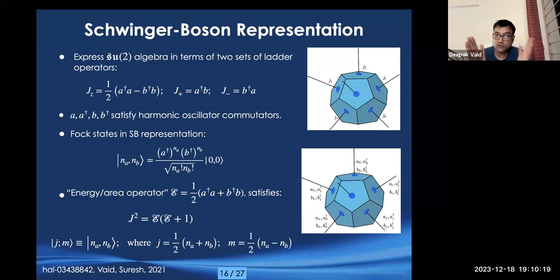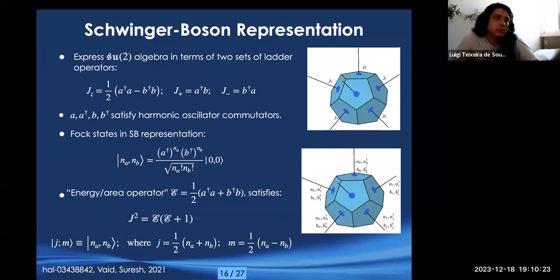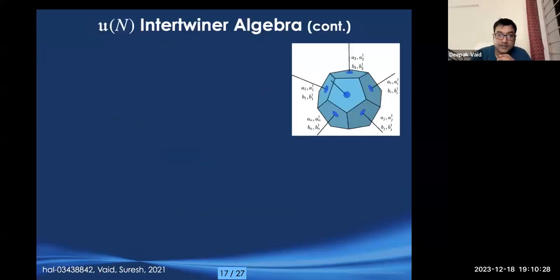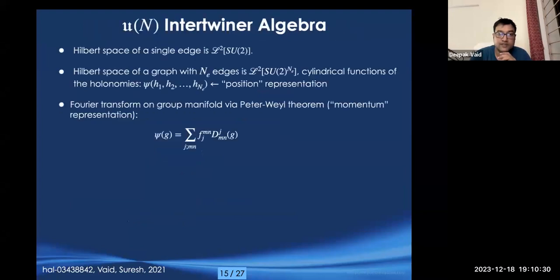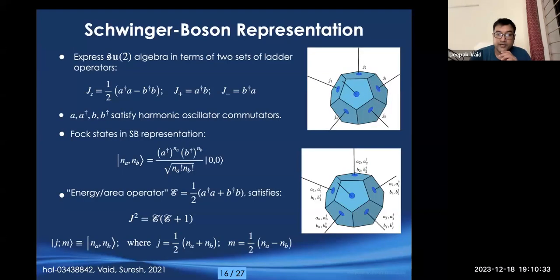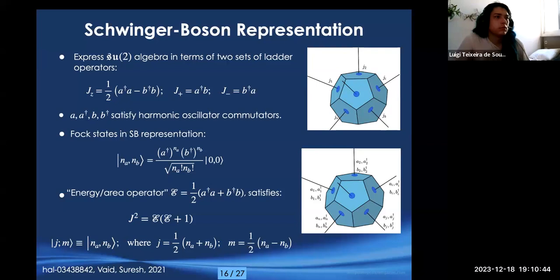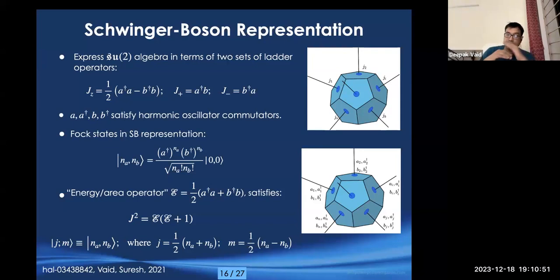Okay. So one way to think about it, like imagine this, that you have, let's say J is equal to 2 once again, okay? Then what are the allowed values of NA and NB? The maximum possible value of NA can be 4, and the minimum value of NB can be 0. Alternatively, NB can be 4 and NA can be 0.